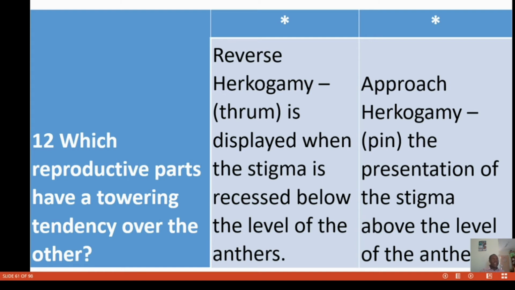So herkogamy is of three types. We have the approach herkogamy, where the presentation of the stigma is above the level of the anthers. The stigma is above. That is approach herkogamy.